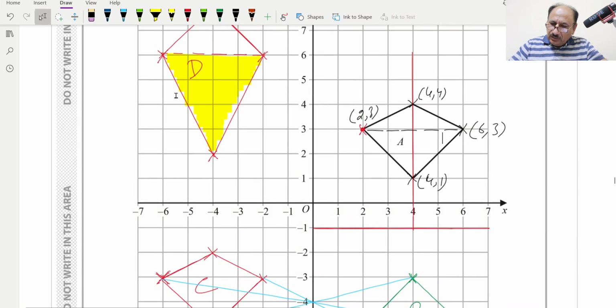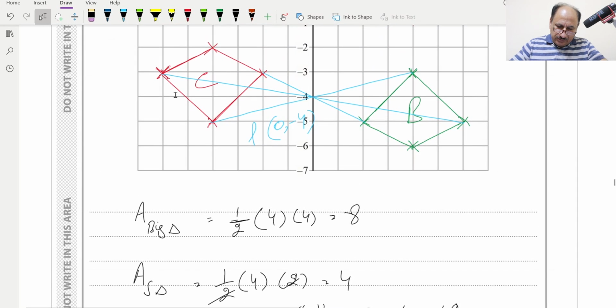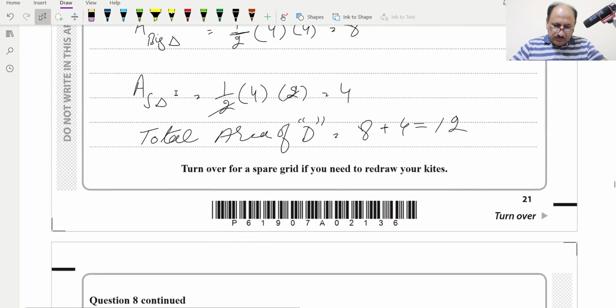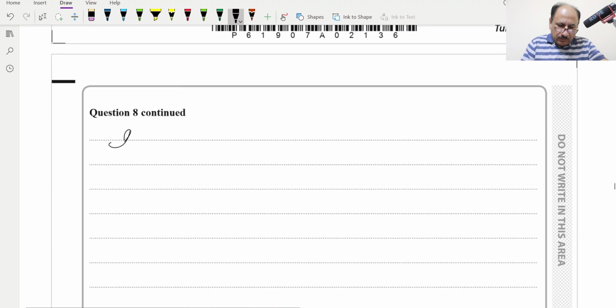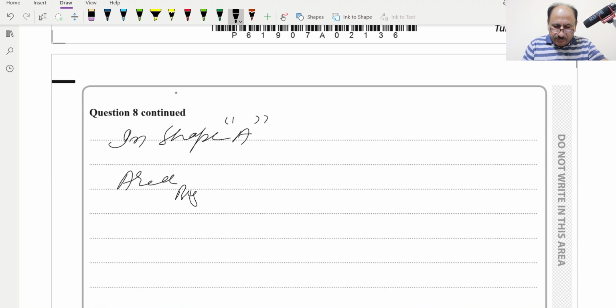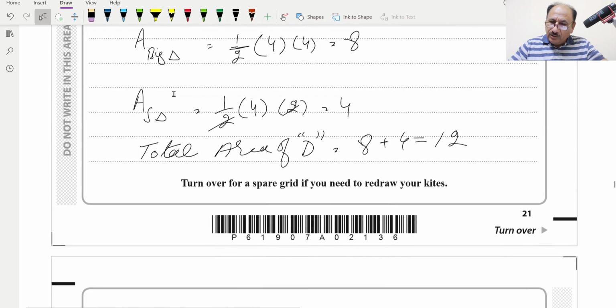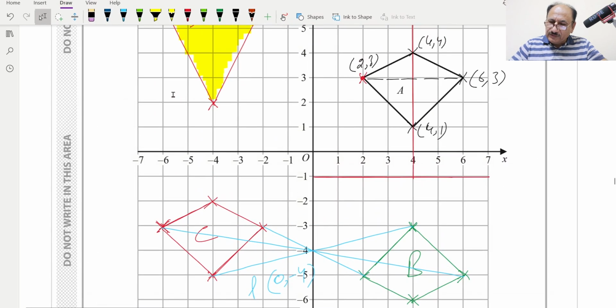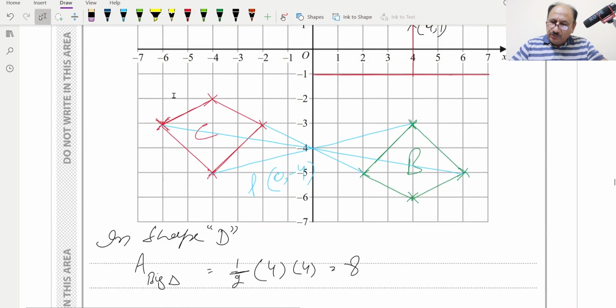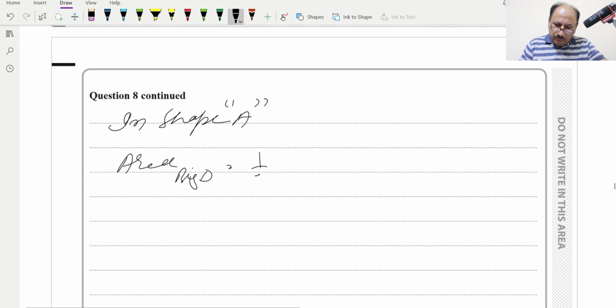In shape A, the area of the bigger triangle, the lower one, will be equal to 1/2 into 4 into 2, so this will be cancelled and this will be 4.